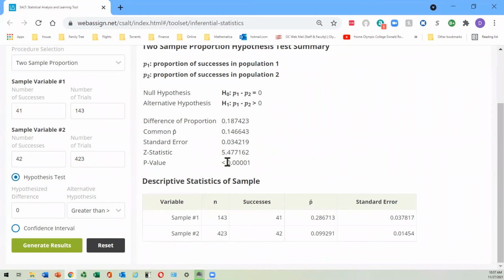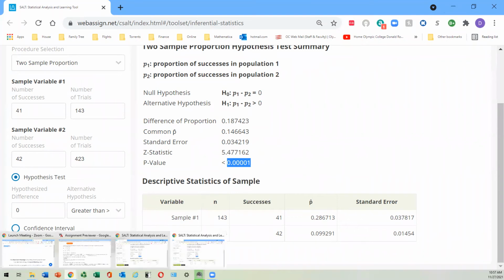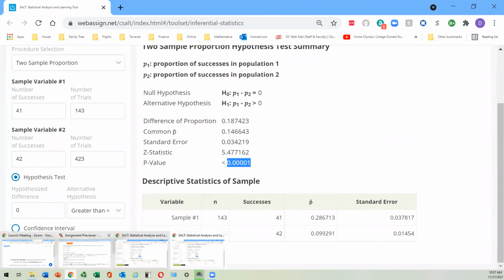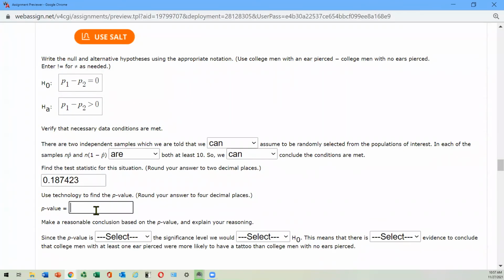P-value. Wow. P-value is tiny, that's fine. We kind of assumed that it would be. That's essentially 0, and that's 1.9.